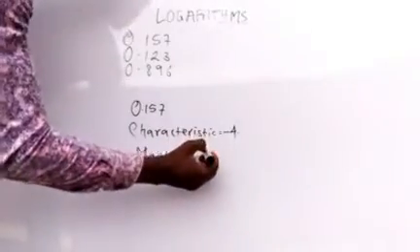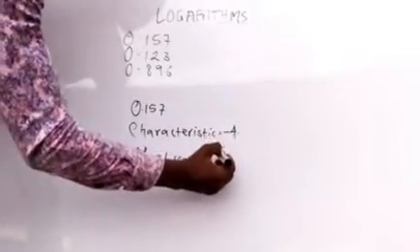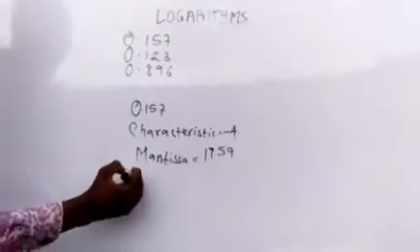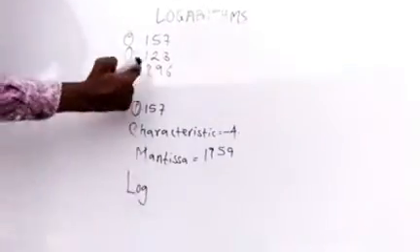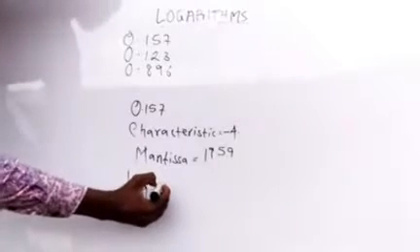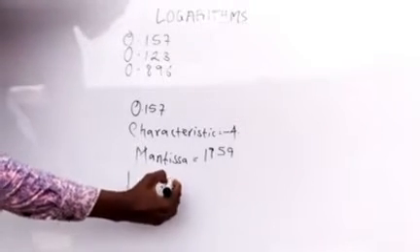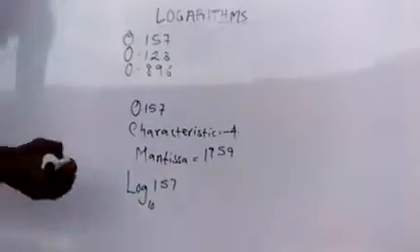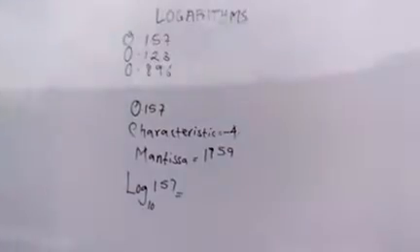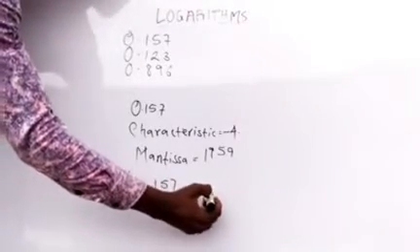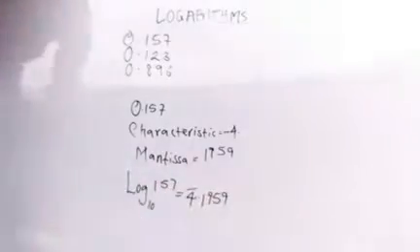That is, your mantissa is 1959. Now, you want to write your log of 157 base 10. That will equal bar 4.1959.